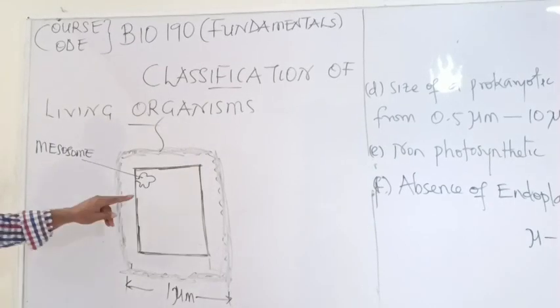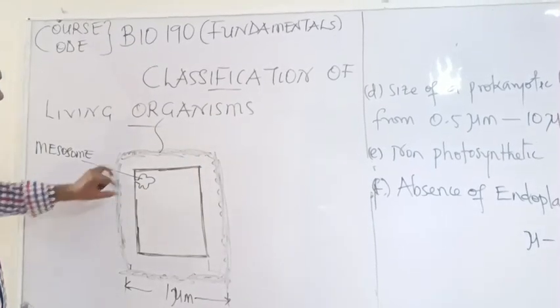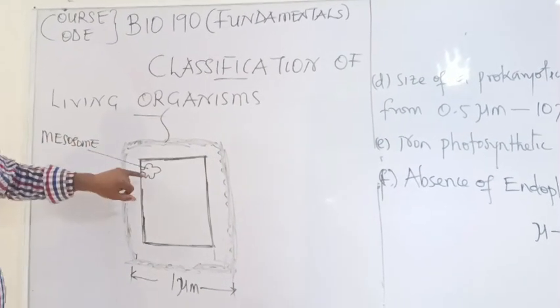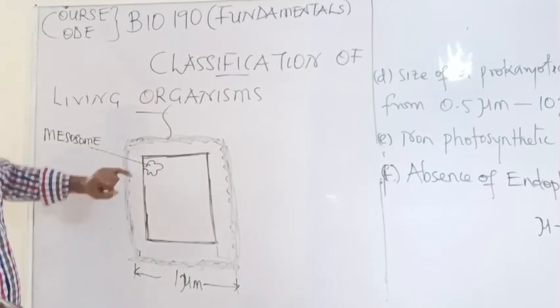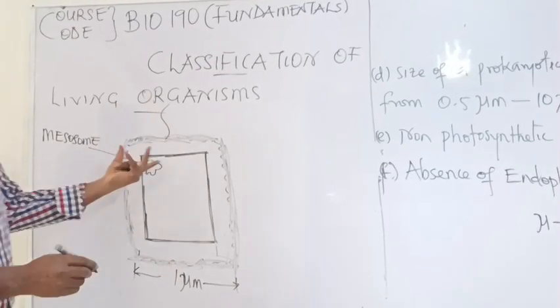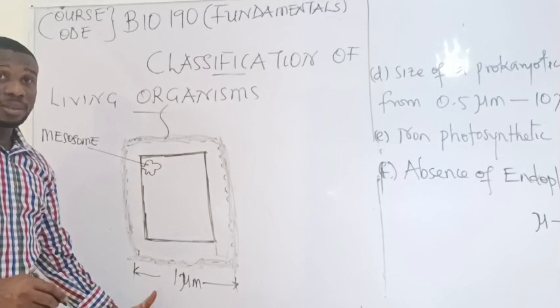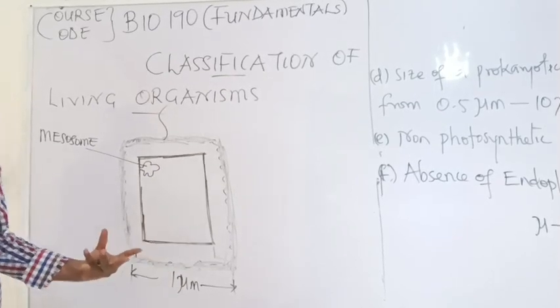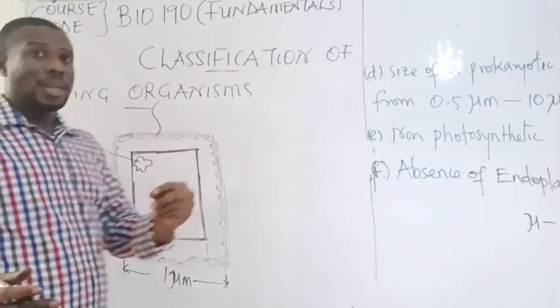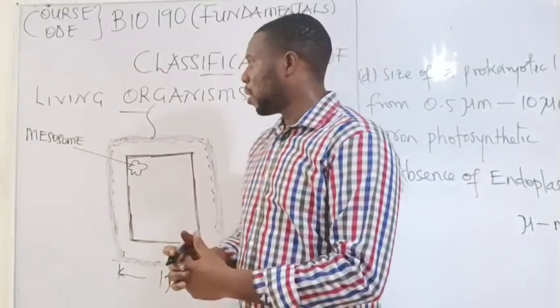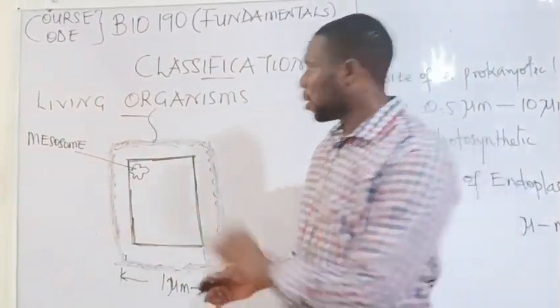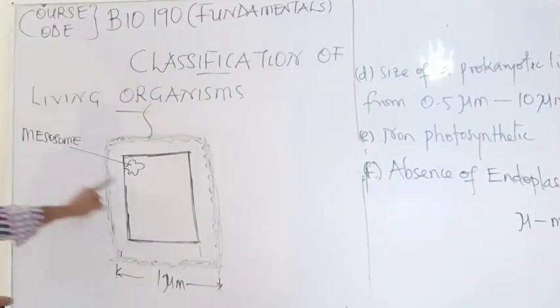This was actually meant to be where you find the mitochondria, the site for aerobic respiration. But since this typical cell is not properly organized, the level of its organization is minimal, so the mesosome takes the place of the mitochondria.